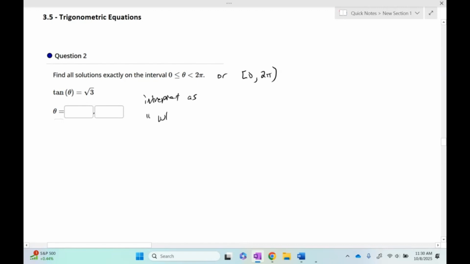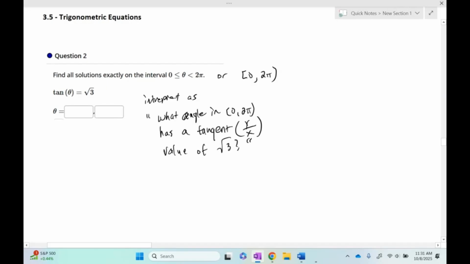So I'm going to interpret this as: what angle in the interval from 0 to 2 pi has a tangent, and tangent is y over x, value of square root of 3? We don't have to algebraically manipulate this. This is linear. It's already isolated for the variable term.